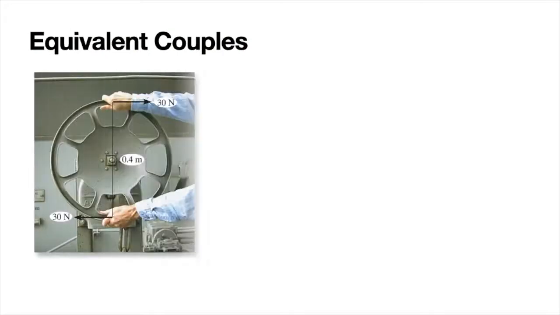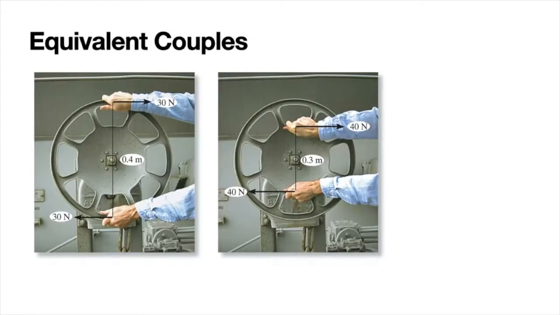Equivalent couple means that the magnitude of the couple moment is the same even though the magnitudes of the forces are different. For example, looking at the image on the left, if you want to calculate the couple moment of this particular case using the formula F multiplied with d, the force exerted is 30 Newton, the couple force, and the perpendicular distance between the couple is 0.4 meter.